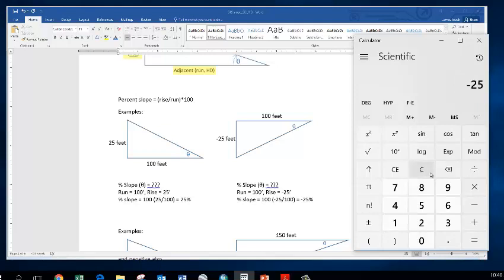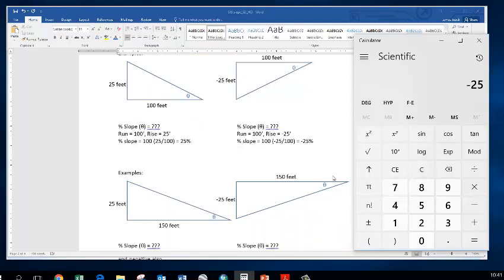Okay, so all that minus sign is saying is that you're going downhill. All it's doing is letting you know that you're going uphill or downhill, and it doesn't change the number one whit. All right, so that's kind of important to note.